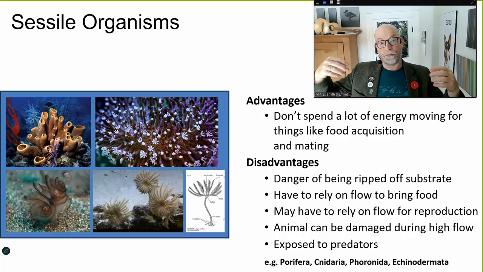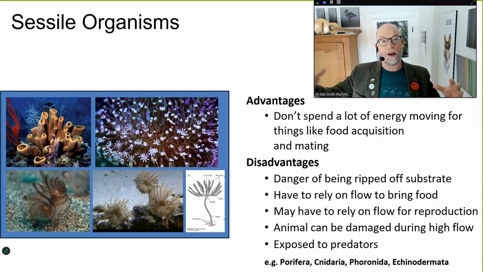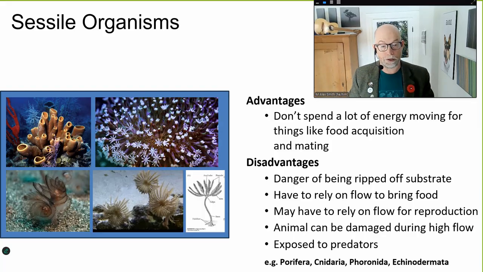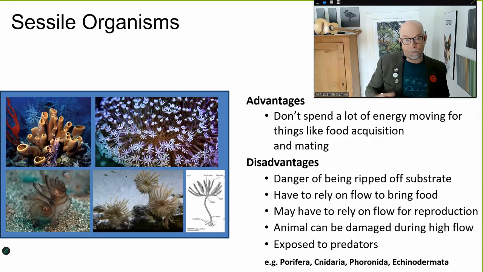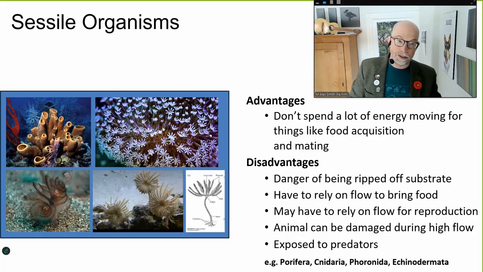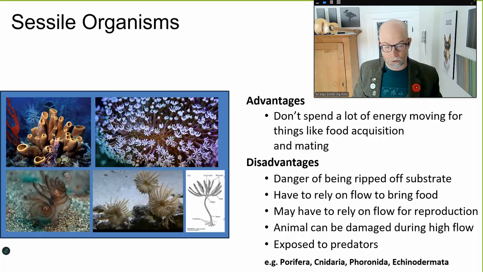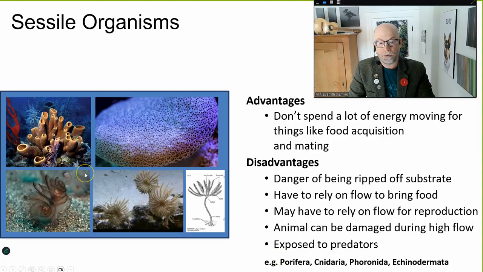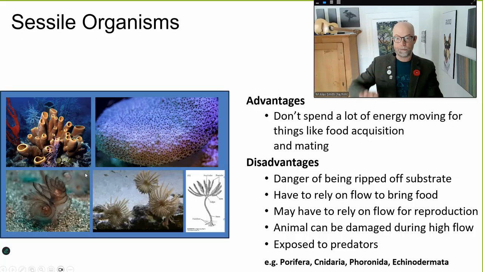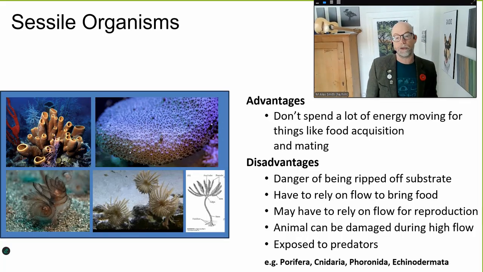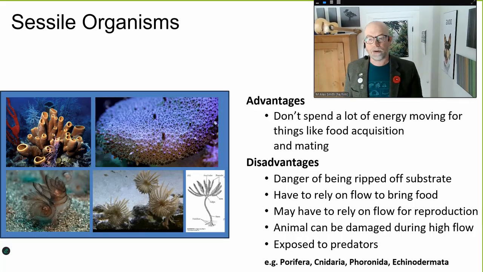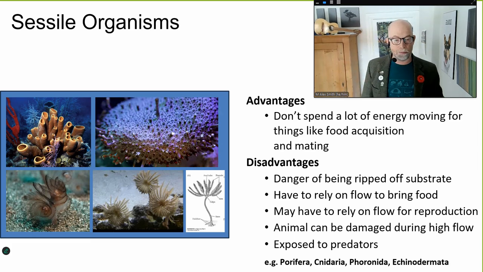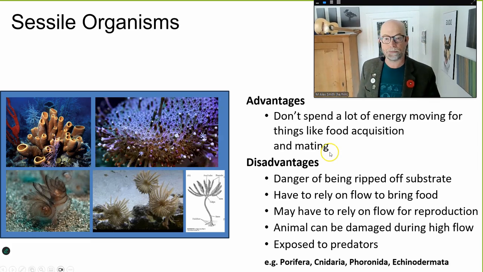Thinking about our food chapters together, we're thinking about filter feeders, largely. The flow can be what you need, but it can also damage you. High flow can damage you, and of course you're exposed to predation. The examples listed at the bottom are sponges and different kinds of cnidarians, phoronid worms, and echinoderms.